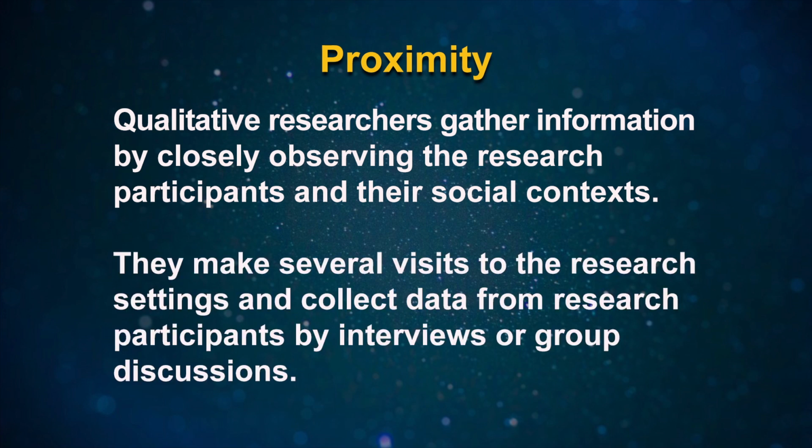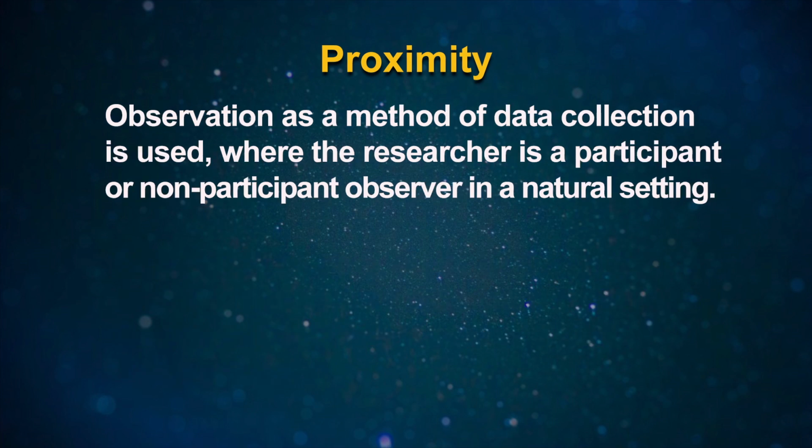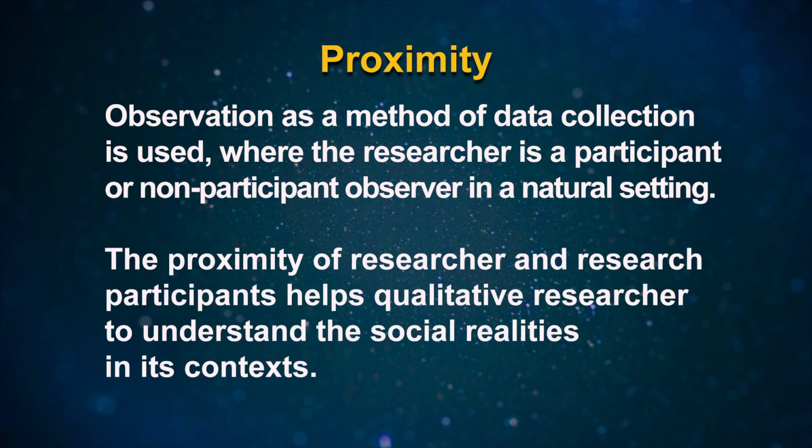They make several visits to the research setting and collect data from the research participants by interviews or group discussions. Observation as a method of data collection is used where the researcher is a participant or non-participant observer in a natural setting. The proximity of the researcher and the research participant helps the qualitative researcher to understand the social realities in their own context.